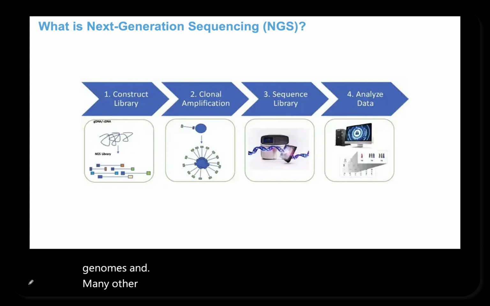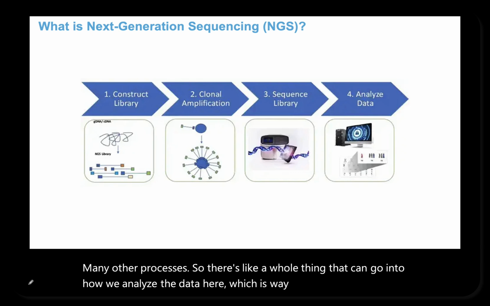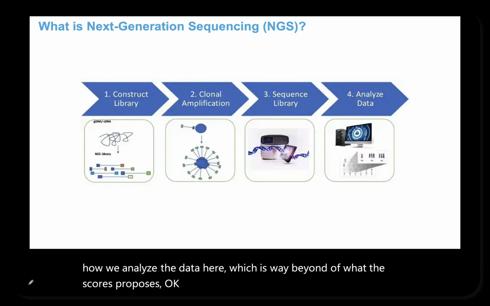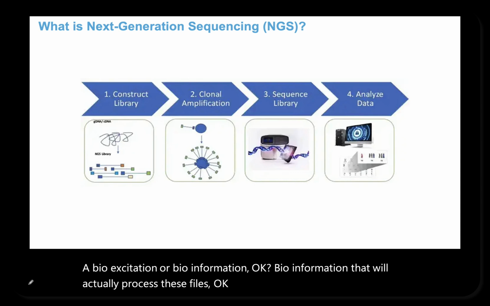So there's a whole thing that can go into how we analyze the data here, which is way beyond what this course proposes. Okay, so generally this is performed by a biostatistician or bioinformatician, okay, that will actually process these files, because they are giant and they are very hard to work with.